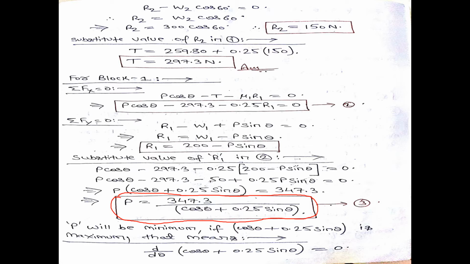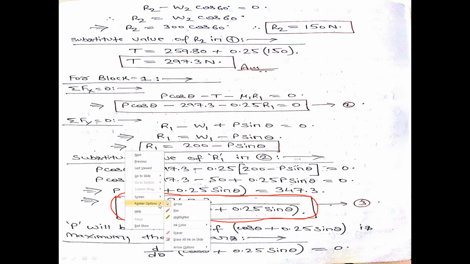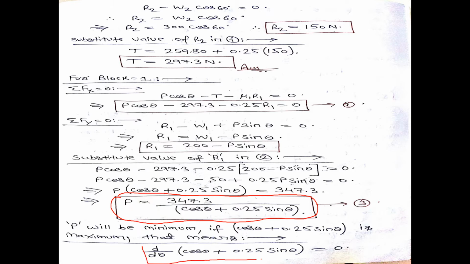That means I have to differentiate the denominator of equation number 3 and equate it to 0. That is d by d theta of cos theta plus 0.25 times sine theta should be equal to 0. Is it clear? Did you understand this particular part? Yes, sir, clear.